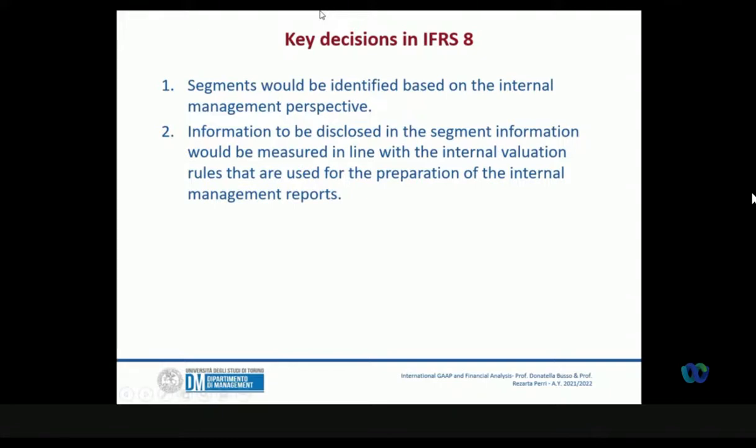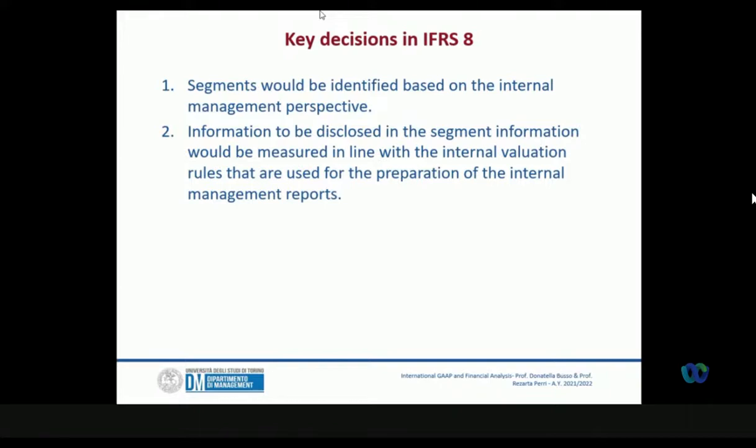Now, look at this very carefully. This means that the segment information is not following IFRS, if you can get it. As far as IFRS 8 requires companies to represent the segment information following internal valuation rules, this means that the information about segments is not IFRS based.